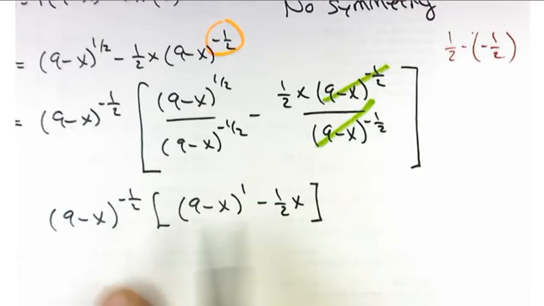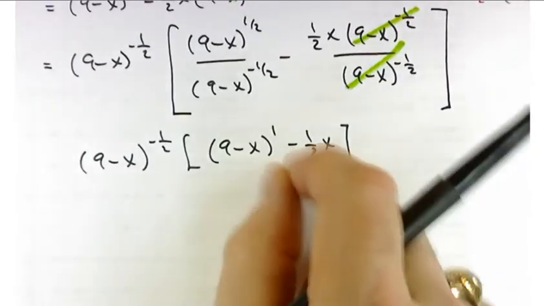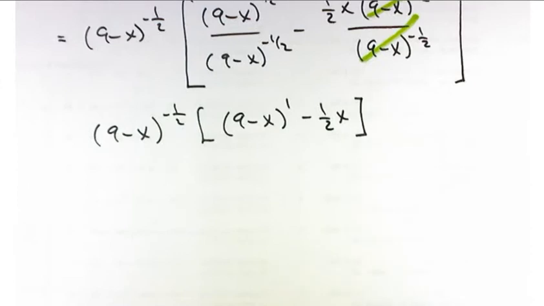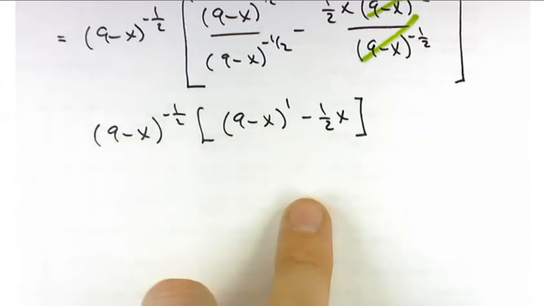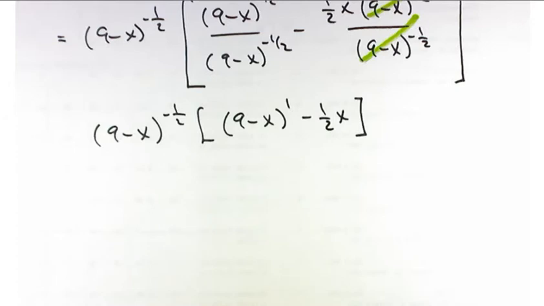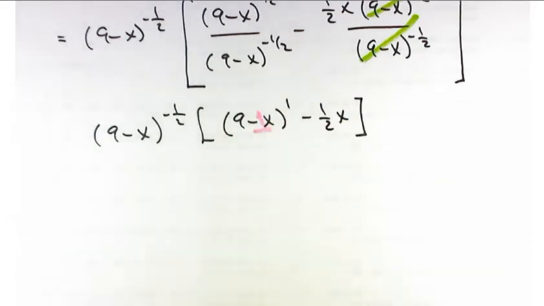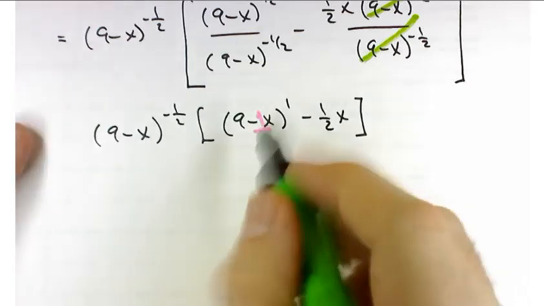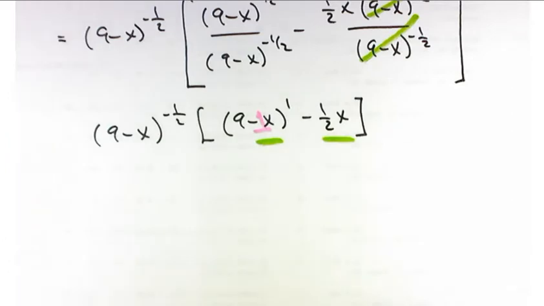And here I've got like terms. So let me combine the like terms. And I'm also at the same time going to put this into the denominator. Let me point out that the coefficient of x here is a negative 1, and that there are really like terms that I'm going to add. I've got a negative 1 here and a negative 1/2 there.